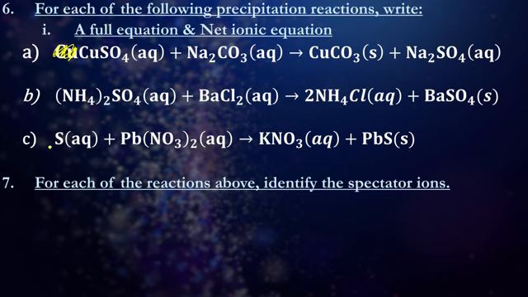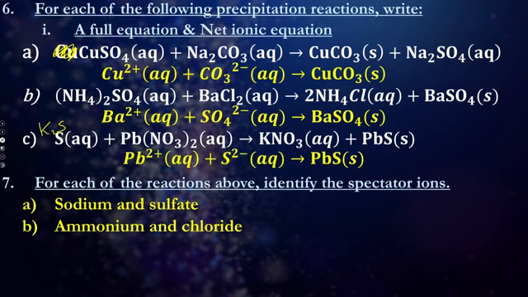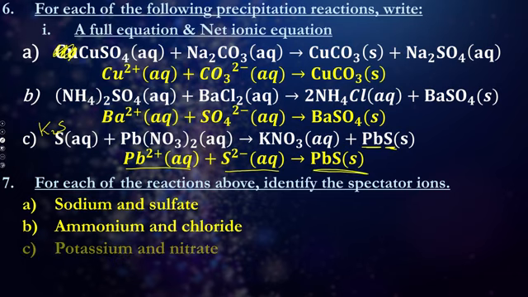So instead of just having sulfur by itself, it should be potassium 2 sulfide, sorry. So we get this equation here. So the only thing that's really to our interest is the lead ion and then the sulfide ion. And so we get lead sulfide here. So our spectator ions are potassium and nitrate.